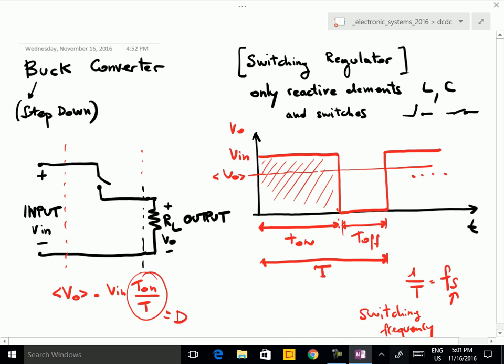Of course, you can imagine that the current through the switch, when the switch is turned off, goes abruptly to zero. This is typically not advisable because, for example, we can have an output which has an inductive component. For example, if the load is a small motor, then the load has an inductive component.